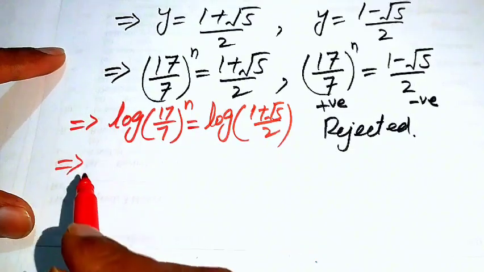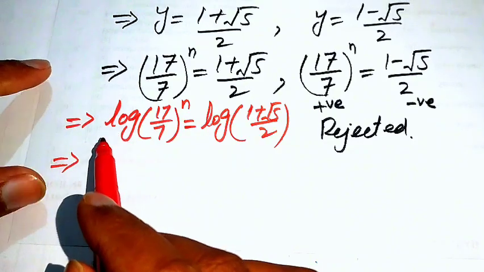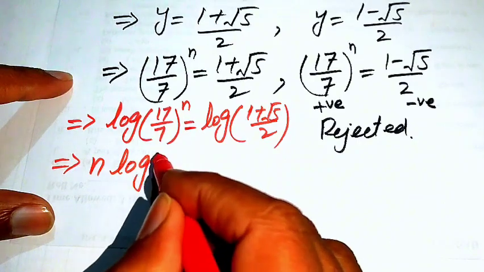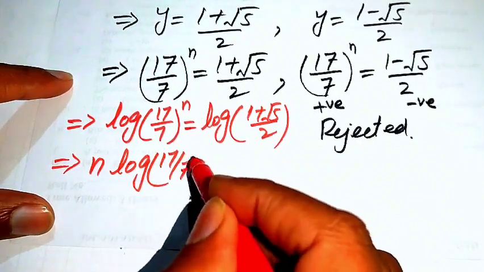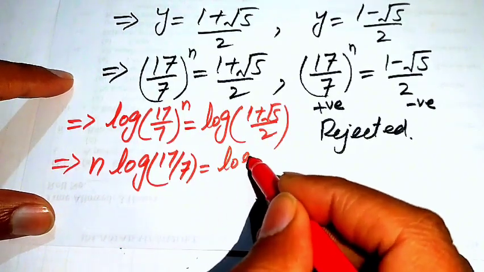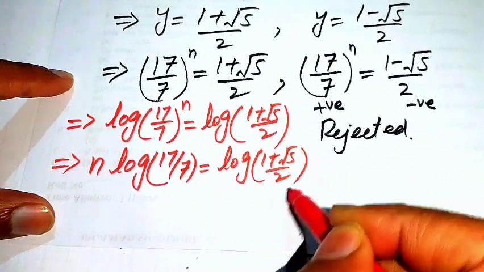So we use the property of log, and we move this exponent n in front of this log, and it will be written as n times log 17 over 7 equals log of 1 plus square root of 5 over 2.